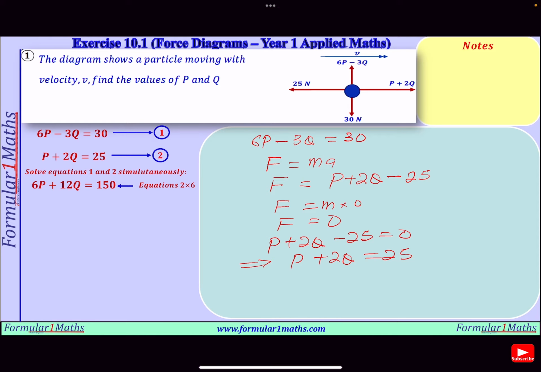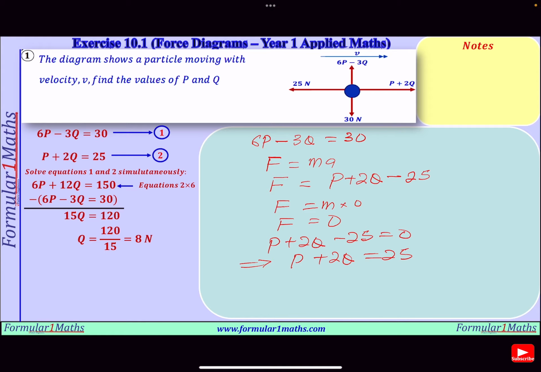If we do that, we are going to get, then we subtract equation 1 from it to obtain the following. This will yield 15Q is equal to 120. And solving for that, we get Q is equal to 8 newtons. So the value of Q is 8 newtons.